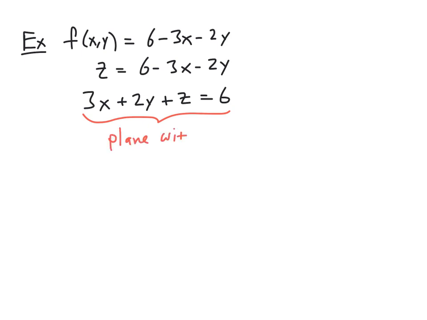This we should readily recognize as a plane. In order to describe this plane, the only thing we can do right here is describe it with its normal vector, which would be 3, 2, 1. So this is a plane. We know its normal vector, and if we needed to sketch this, we could.